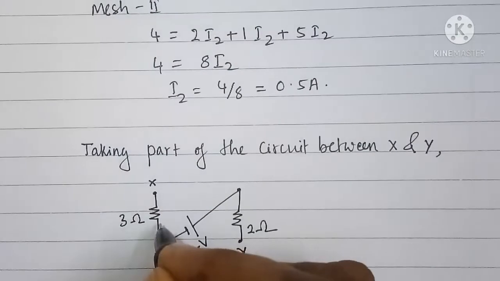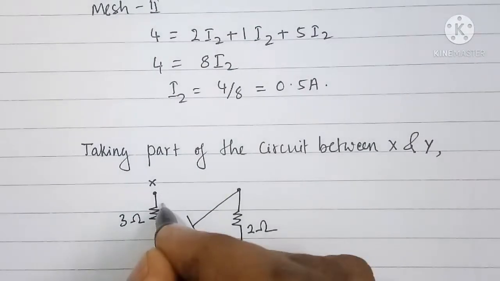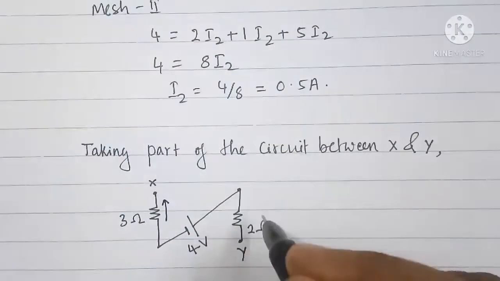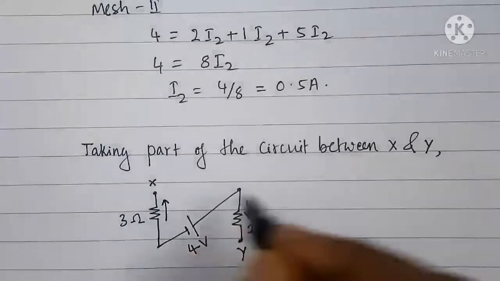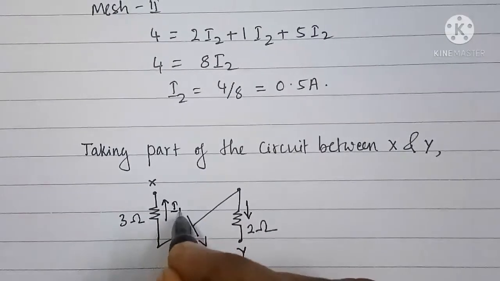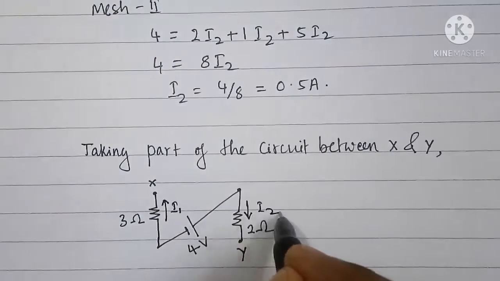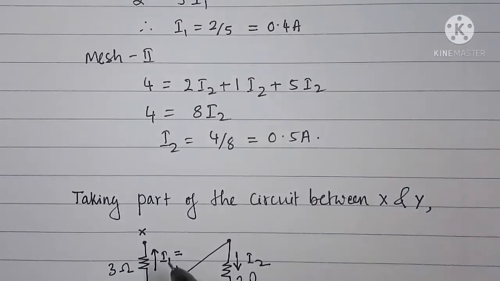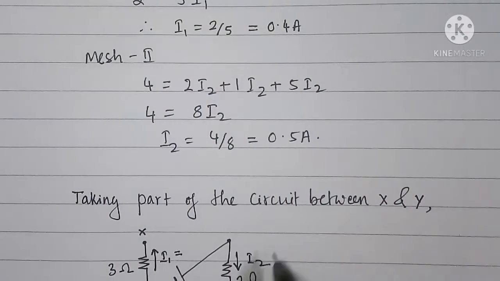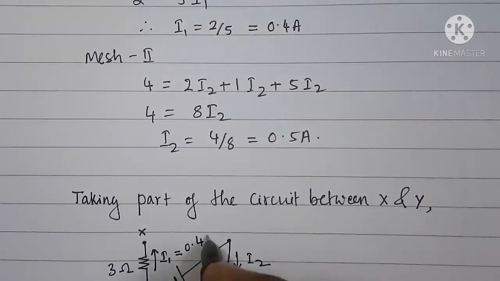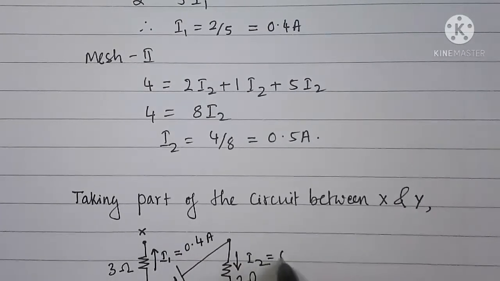Current through the 3 ohm is only I1 and that is flowing upward. Current through the 2 ohm is only I2 and that is flowing downward. I1 is 0.4 A and I2 is 0.5 A.